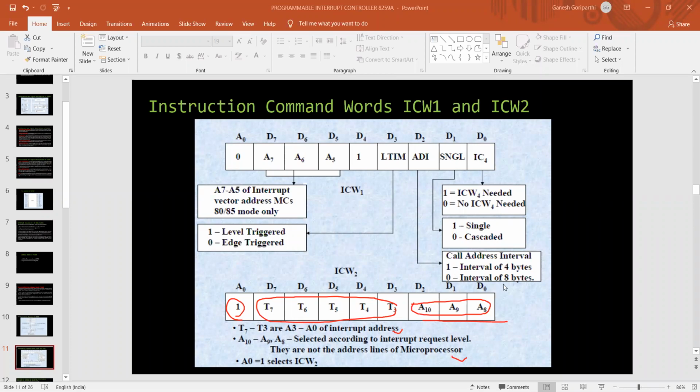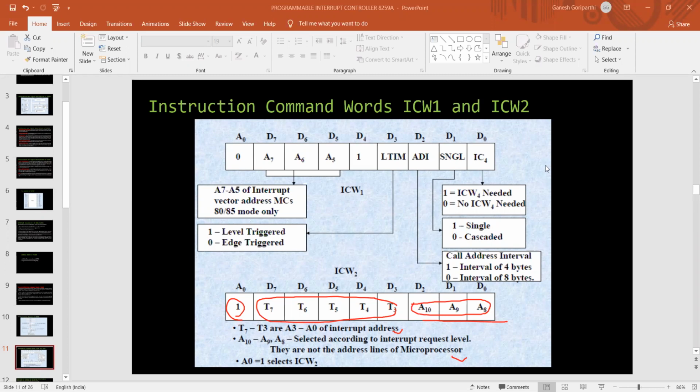See, this ADA is nothing but call address interval. Call address interval means what? Suppose we have two interrupt requests, two interrupt calls, from two different peripheral devices.